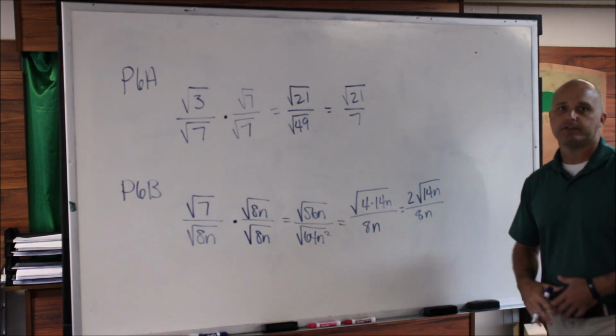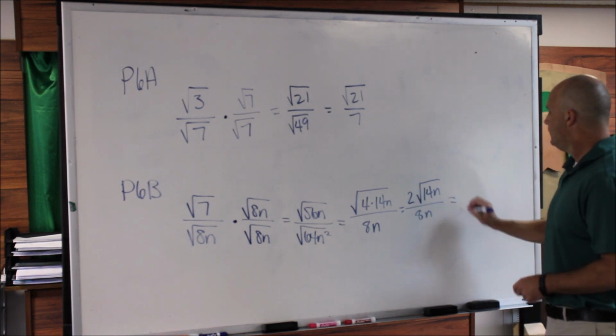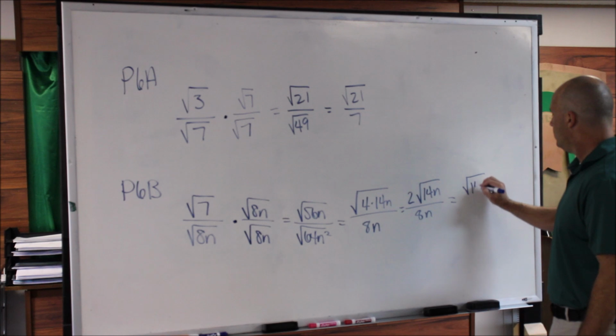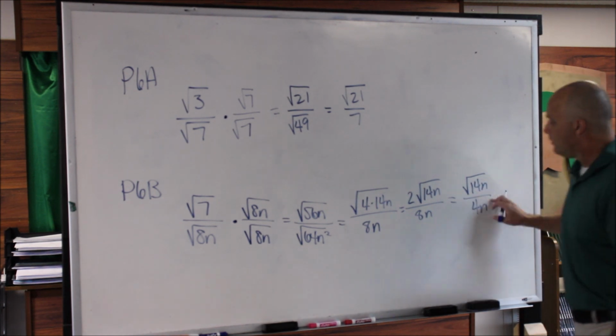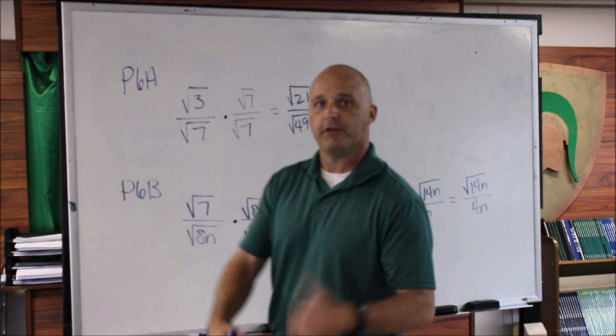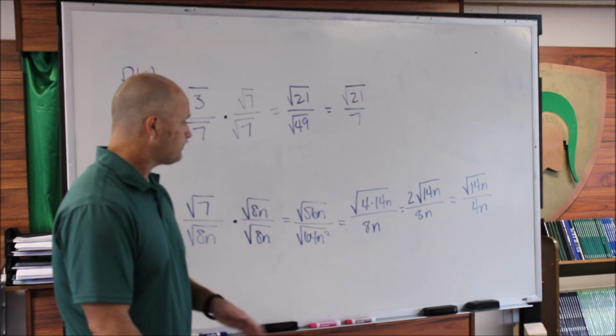Now I've got to check to see is there any reducing that I can do. The 2 and the 8 can be reduced, so this becomes the square root of 14n over 4n. Remember that the things that are in the radical and things that are not in the radical cannot be reduced.